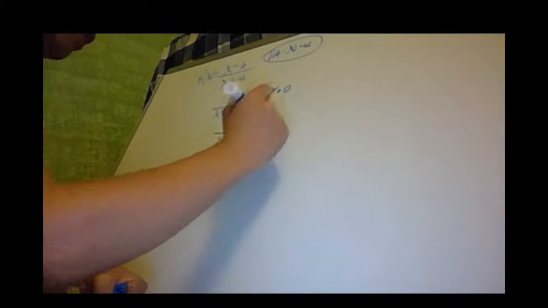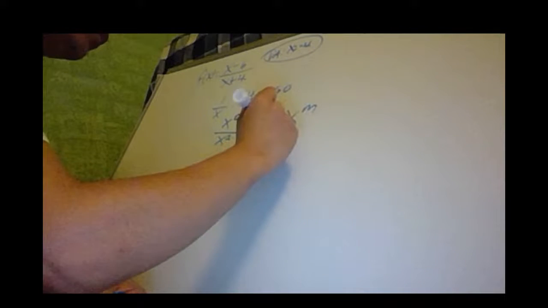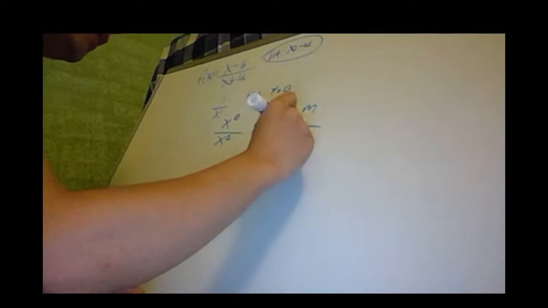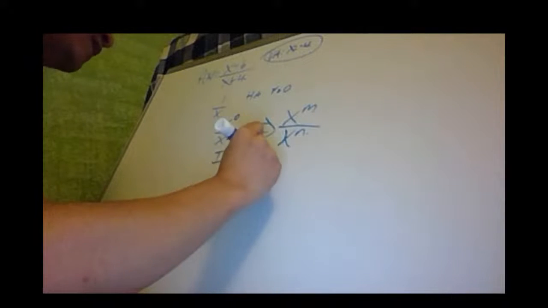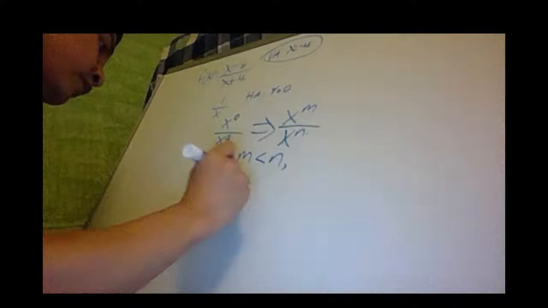Okay. Now, we have x to the m. This is of the form x to the m over x to the n, right? If m is less than n, the horizontal asymptote is y equals 0.